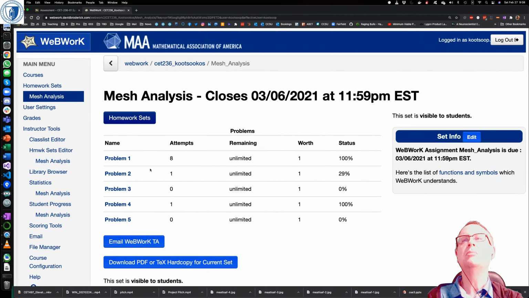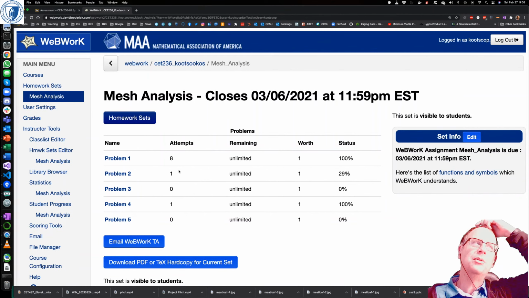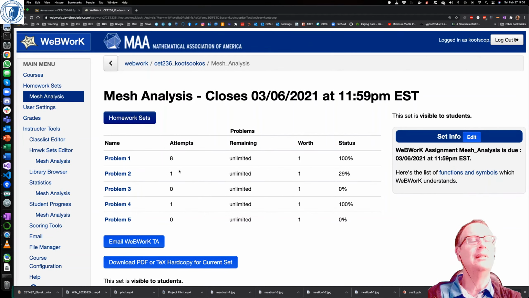there's 5 problems. You can attempt things on WebWork as often as it takes to get them right. Okay, and sometimes what WebWork is asking for might not be as obvious as it could be.